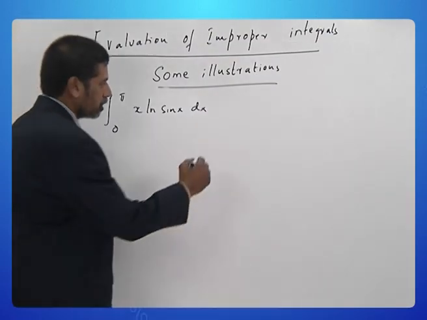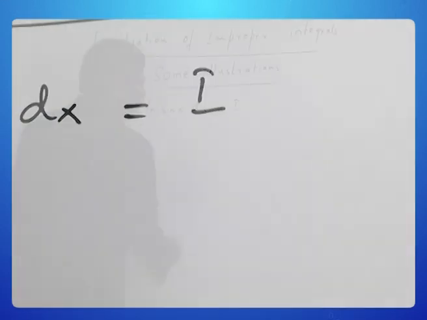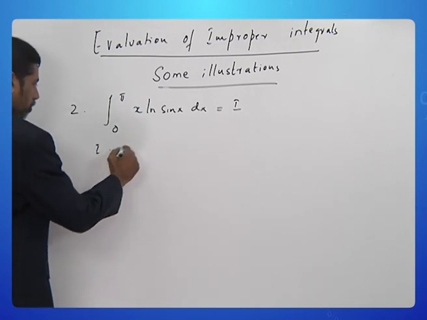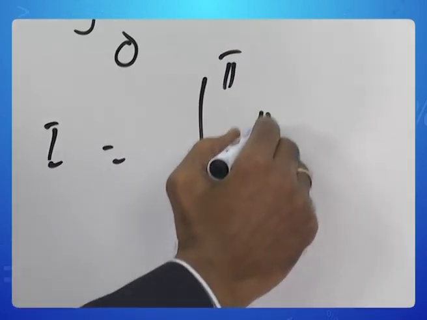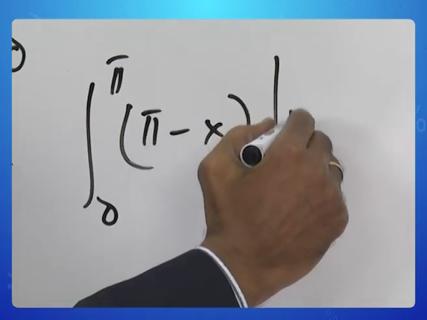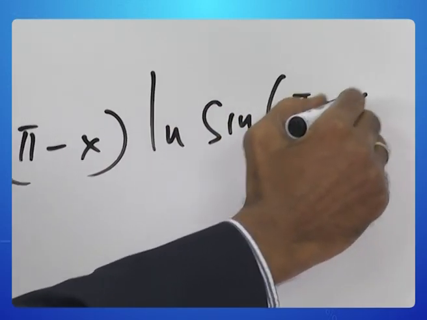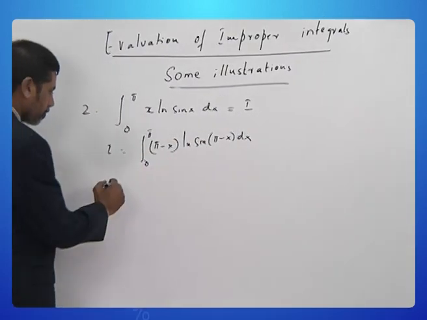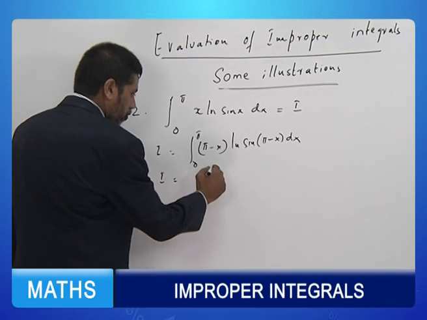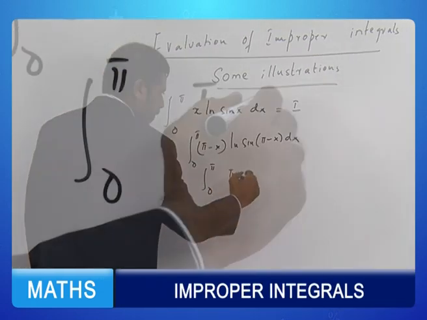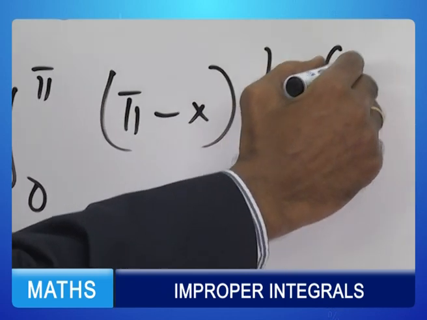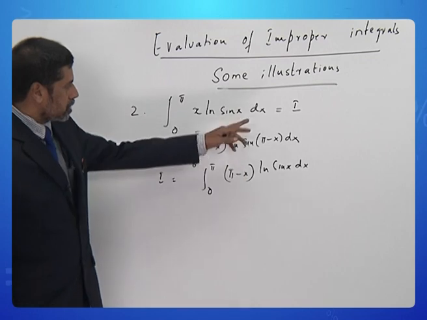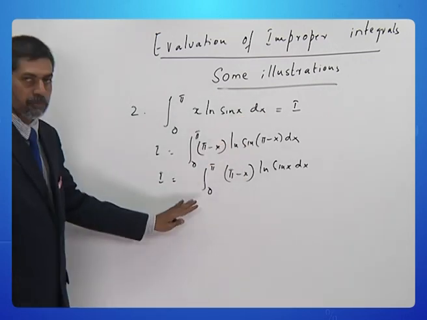We'll adopt the same procedure, call this I, and create an equivalent integral I is equal to integral 0 to pi of pi minus x log sine of pi minus x dx. Reduce this and you'll have integral 0 to pi of pi minus x log sine x dx. Now this is the original integral, this is the transformed integral.